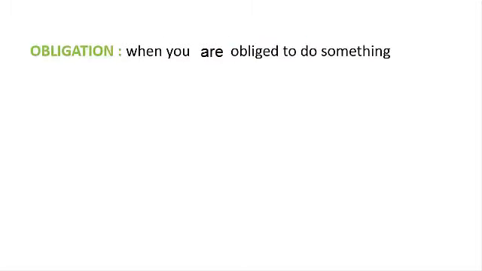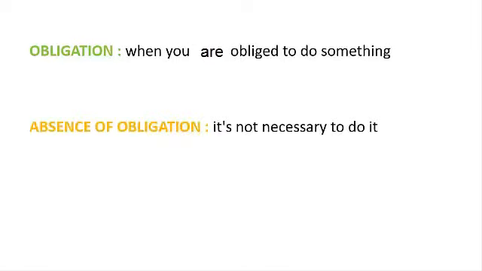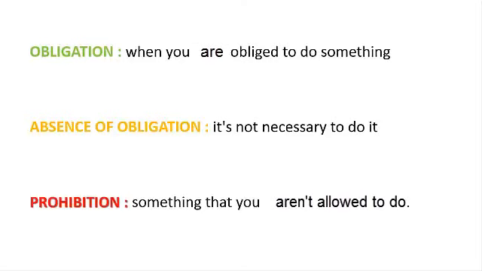It can be obligation. What's obligation? When you are obliged to do something. It can also be absence of obligation. It means that it's not necessary to do it, you are not obliged to do it, but if you want to do it, you can do it. And the last function is prohibition, which means something that you aren't allowed to do.